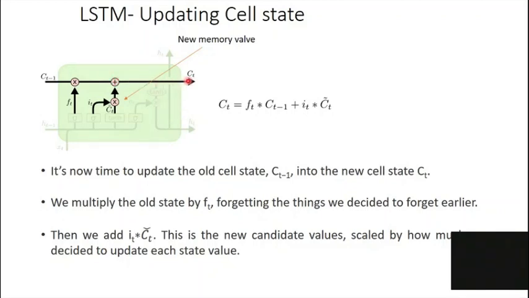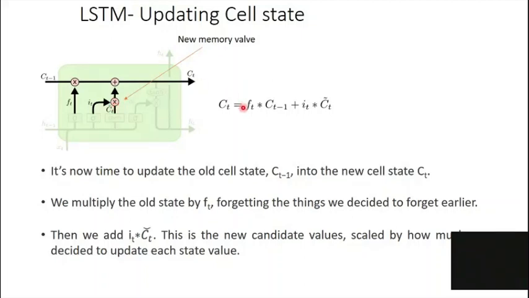This goes to the next cell. So the new memory valve or the forget valve, all that they do is simply multiply. Okay, that's simple multiplications, nothing much. So you have got these two outputs.